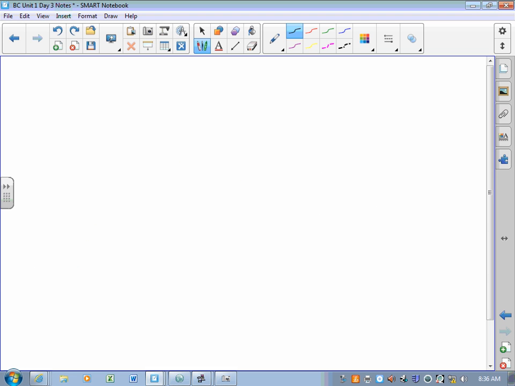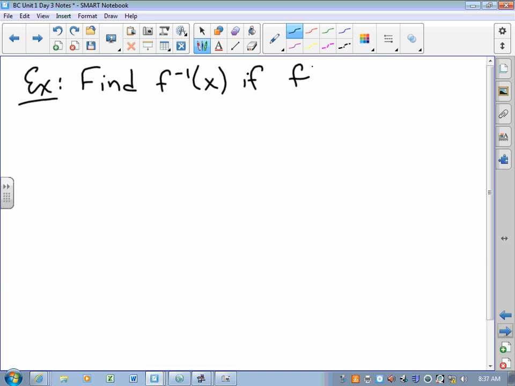So from a practical, pragmatic standpoint, let's say I want to find f inverse of x if f of x equals (x minus 2) over (x plus 5), we'll just say.